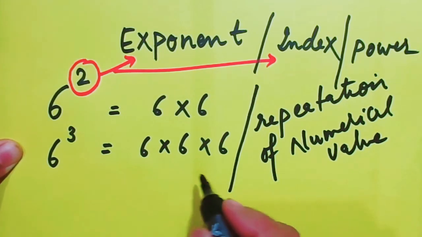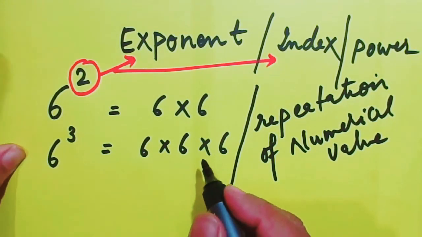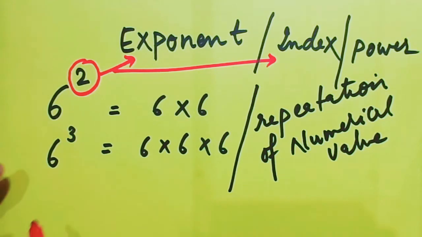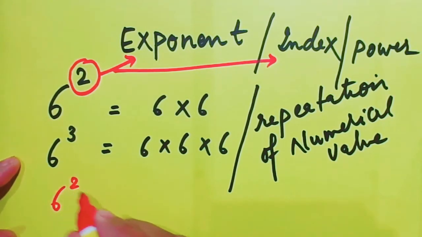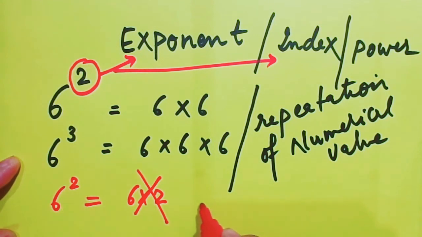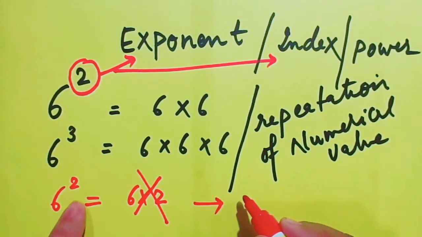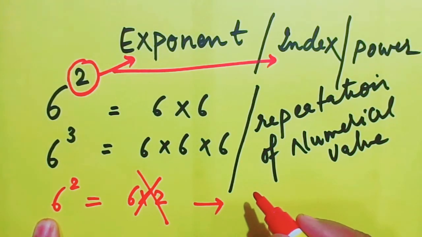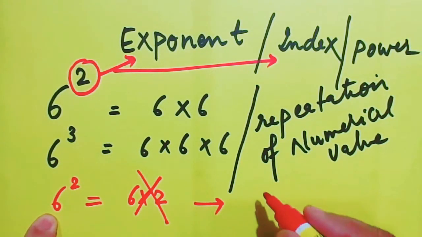Please do not find the value of 6 square as 6 into 2. Never ever do this, because 2 here symbolizes the number of times 6 has been repeated.